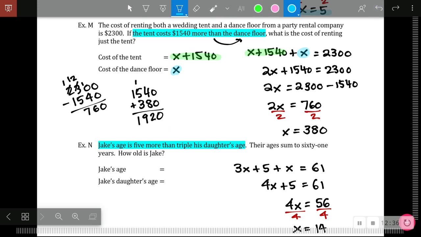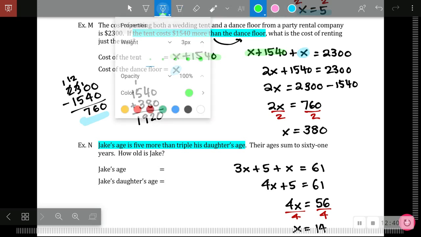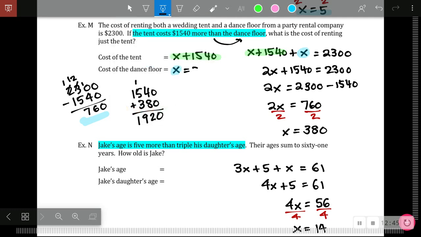But, or over here, if I take that value of $380 and put it right there, I've got the cost of the dance floor, but they want the cost of the other one. So I have to add 380 plus 1540, and you can see the work down here is 1920. I'm kind of running out of room there, but that is the final answer here.